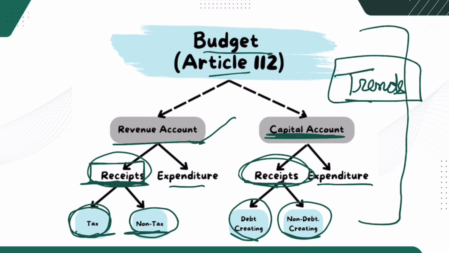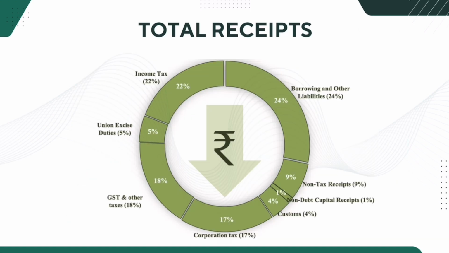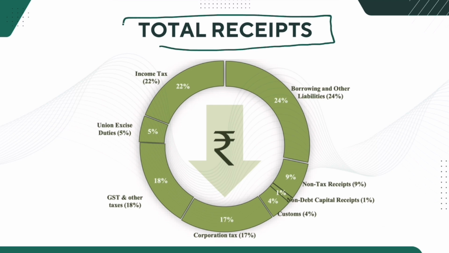So we'll talk about these trends, these figures. Now, let's first talk about receipts, both revenue receipts and capital receipts. As far as the total receipts of the government are concerned, you should know this: government receives the most money by borrowing it.